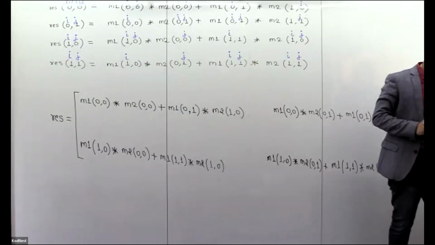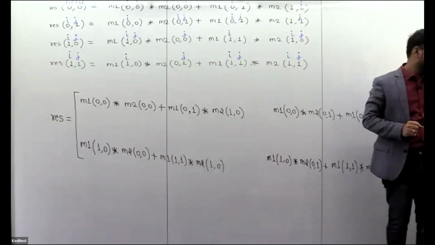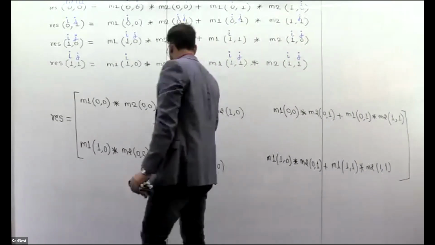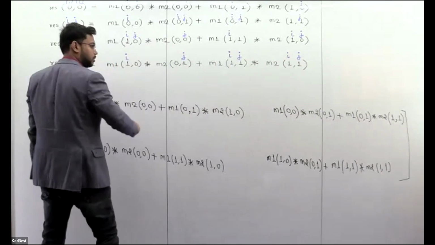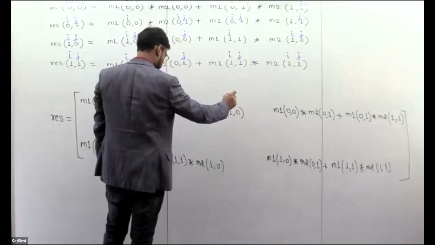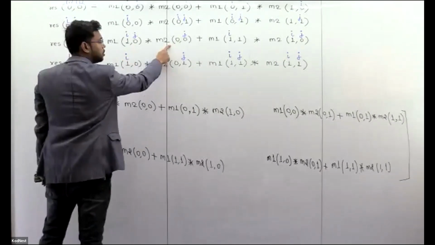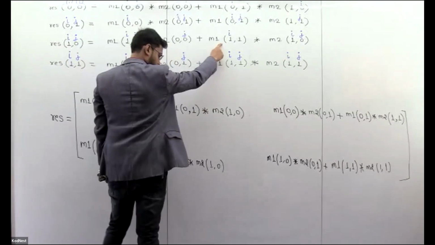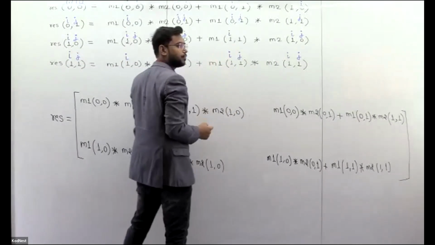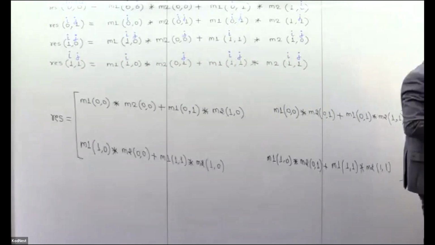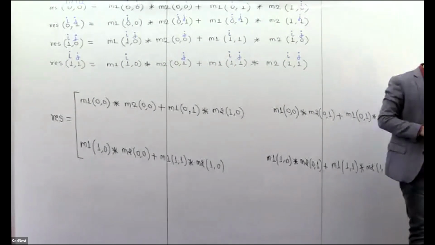In result 1, 0, there should be M1 cross M2, is it? In 1, 0. This is 1, 0. No, this is 1, 0. So it is 1, 0, M2, 0, 0. This is 1, 1. This is 1, 0. Is any condition wrong? Which condition?